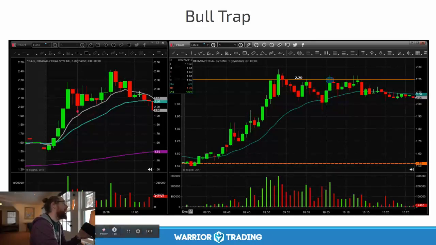Although your proper stop is the low of the pullback, and it did end up working. But remember, in this situation, all of that hold time is exposure risk. It's exposure risk that the company comes out with a secondary offering or bad news comes out. So to just be holding, again, that's only 5, 10, 15, 20 minutes of hold time, but I still generally wouldn't want to be doing it.